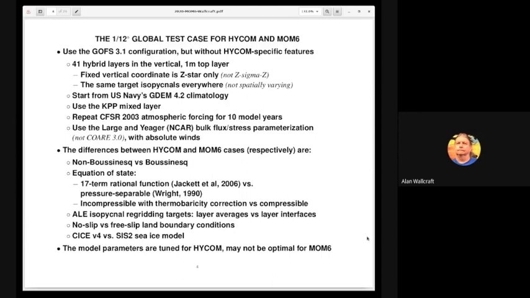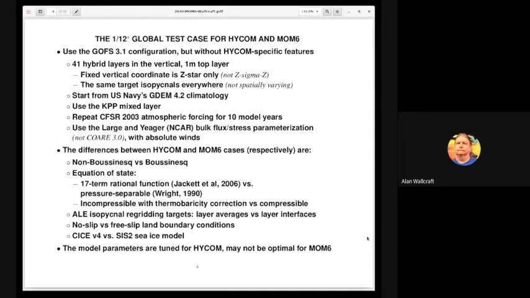Some of the differences between HYCOM and MOM: HYCOM is non-Boussinesq. The equation of state in HYCOM for sigma 2 is a 17-term rational function. And in MOM6, we're using the pressure separable equation of state for efficiency. HYCOM is incompressible with a thermobaric correction versus compressible in MOM.